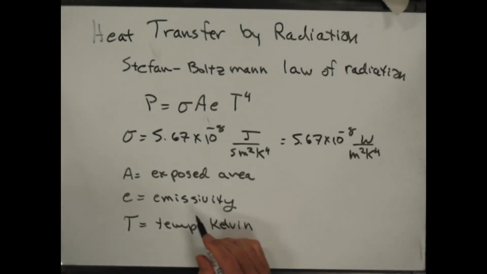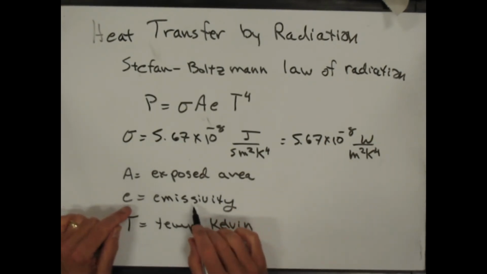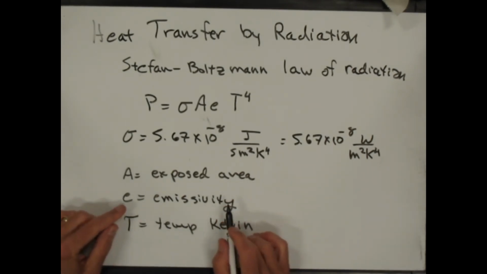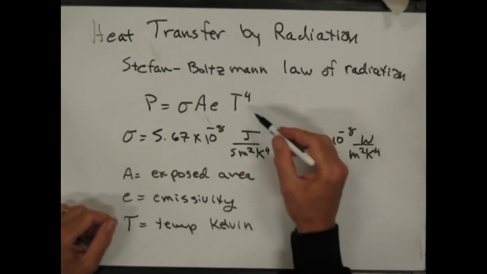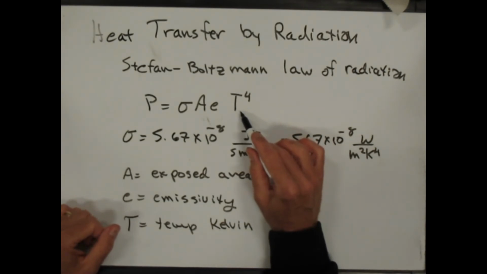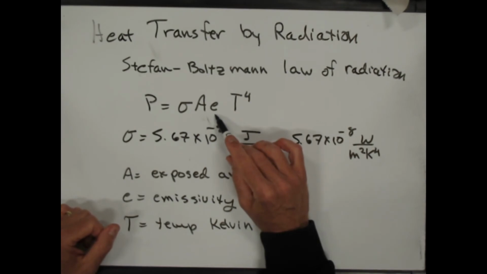It turns out things radiate and absorb radiation according to the same constant. And so a very efficient thermal radiator will have an emissivity of 1. Something that doesn't absorb or emit very well will have an emissivity closer to 0, or they can be anywhere in between. Most of the time we'll just be using 1 for this number. And so if you look at this equation, the striking thing about this equation, it shouldn't be too surprising that there's some property of the material that tells how well it radiates.